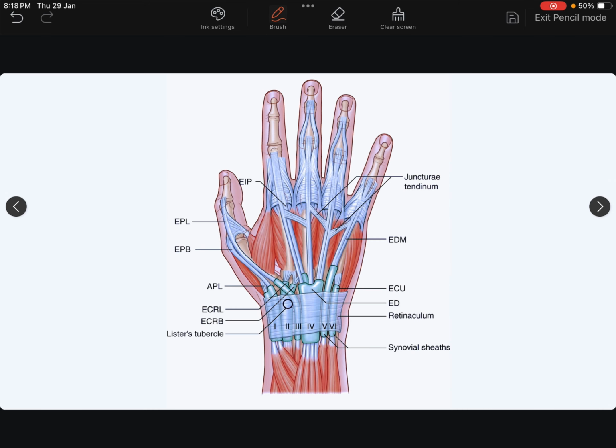So with this image we'll understand. This is basically the medial side, this is the lateral side, because this is in the pronation phase.